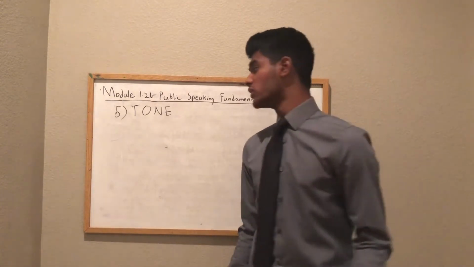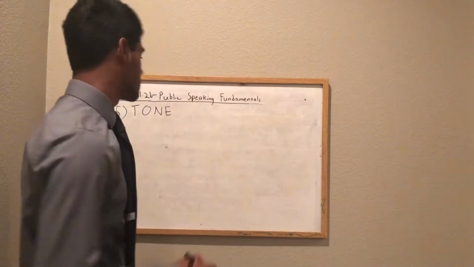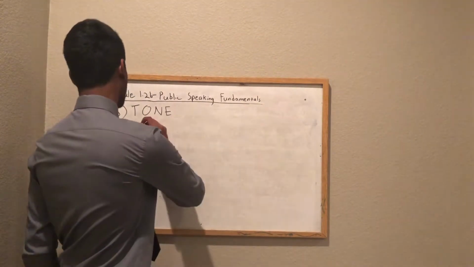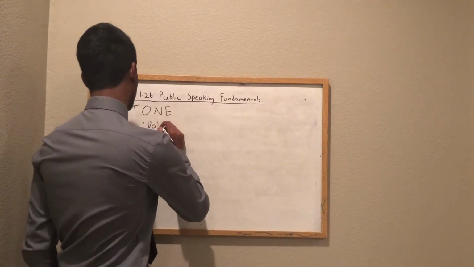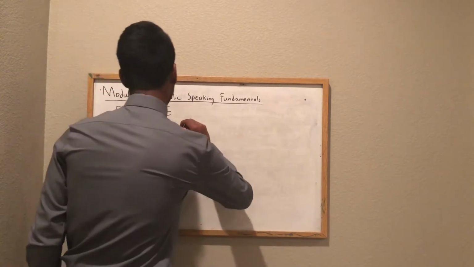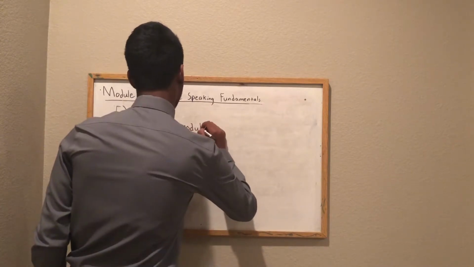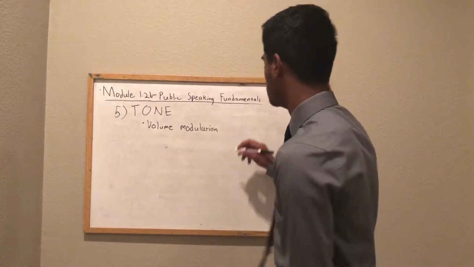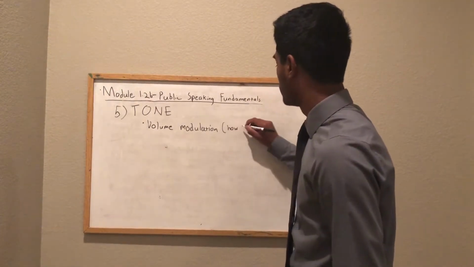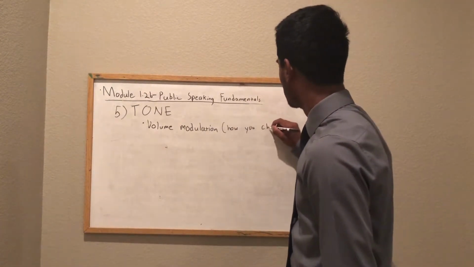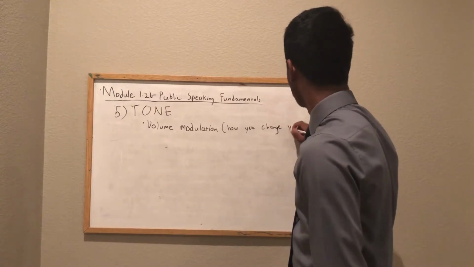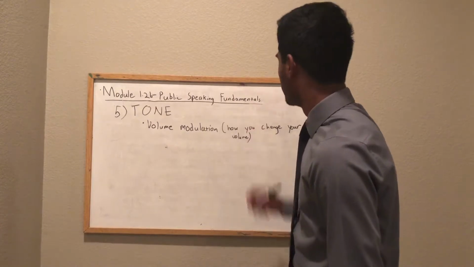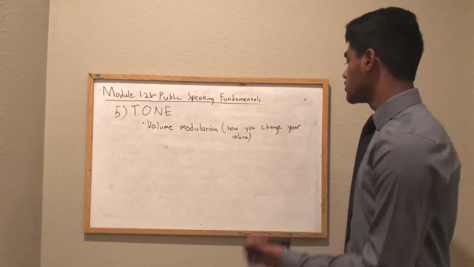Tone is basically voice modulation or volume modulation, meaning how you change your volume, how you change how loud you are. Modulation is just basically how you change your volume. So it's volume modulation, how you change your volume.